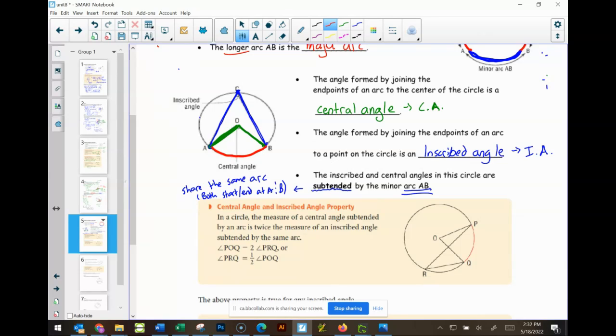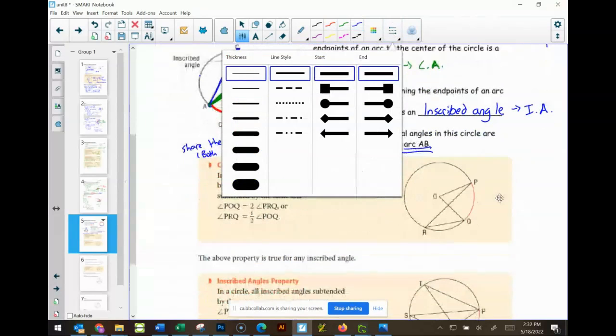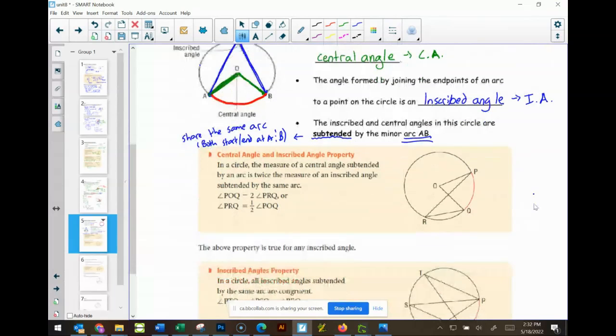So as long as it starts at A and ends up at B, or starts at B and ends up at A, those angles are going to be termed subtended. They are subtended by the same arc. So that's a new word for you, and you're going to see it in your quizzes and your exam. Make sure you understand what that word actually means.